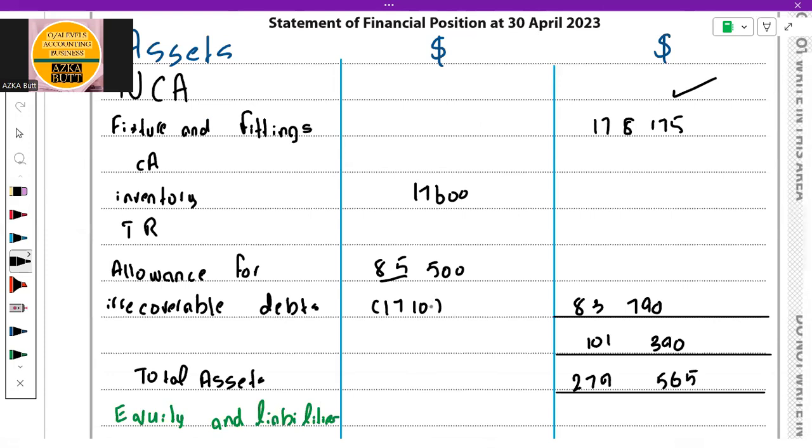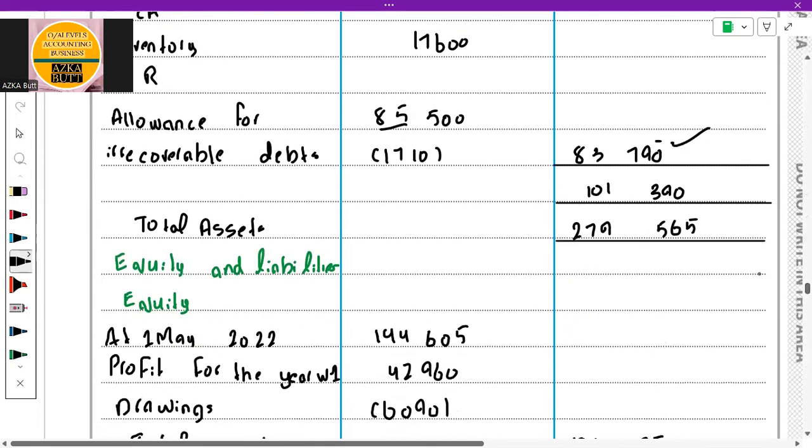If we will not be getting this amount in the future, because maybe it will go bad, for example, that's why we have to deduct this from the trade receivables, because this amount is not our current asset. So it will be decreasing the trade receivables. That's why we have to deduct it here. So 85,500 minus 1,710, we have 83,790. So we have the total assets, which is 279,565.